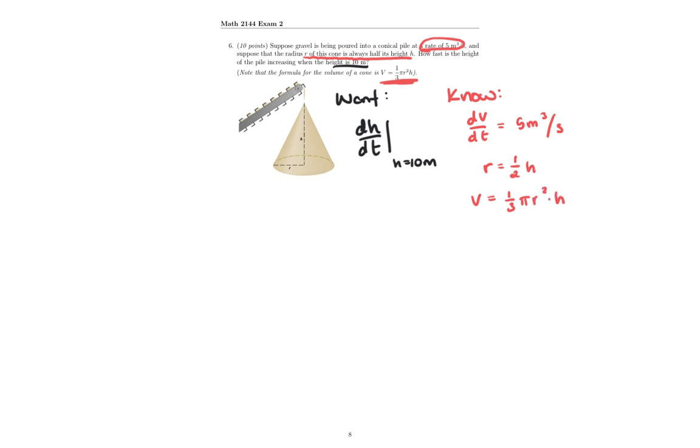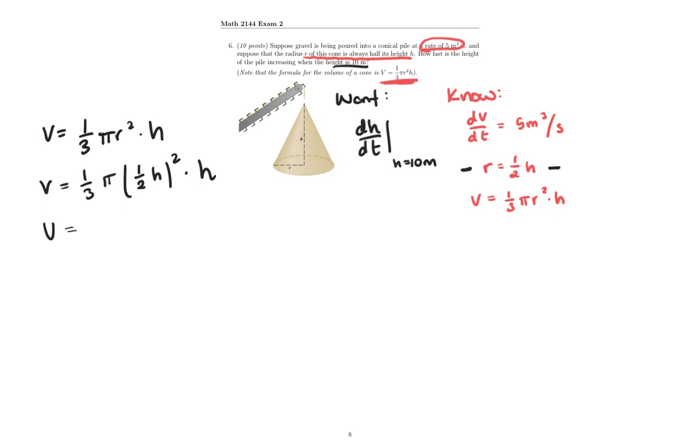Okay, so let's take a closer look at this volume formula. I have that the volume is equal to 1/3 pi r squared times h. And using my second formula in my know section, I know that the radius is equal to 1/2 h. So I'm going to plug in 1/2 h for r, and then use a little algebraic simplification.